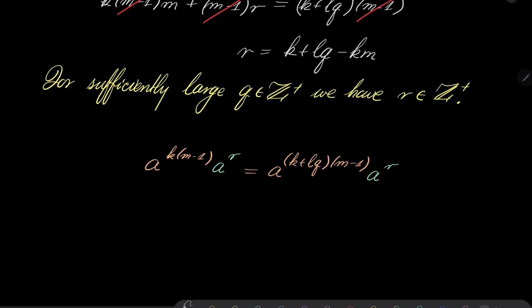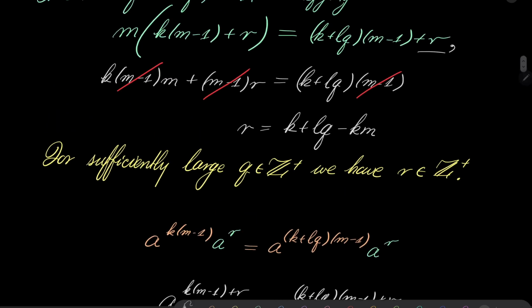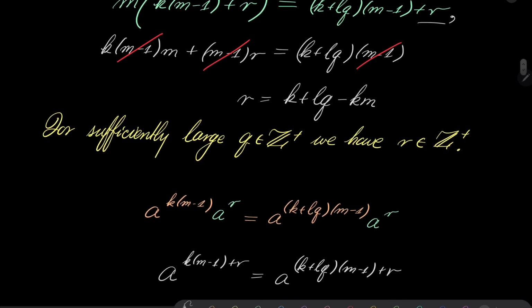Notice that if I do it, on the left hand side, I have a to the k(m minus 1) plus r, and on the right hand side, we have a to the (k plus lq)(m minus 1) plus r. And remember that r and q satisfy this condition. The number on the right hand side equals m times this. So we have the following.